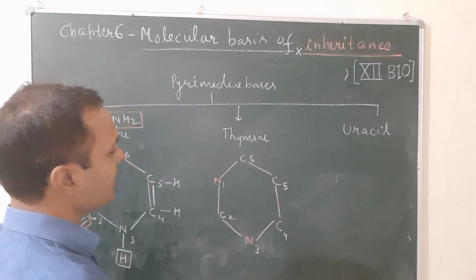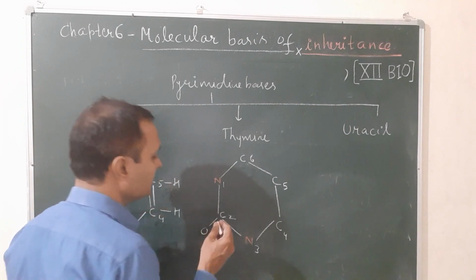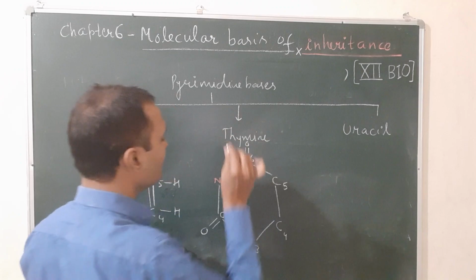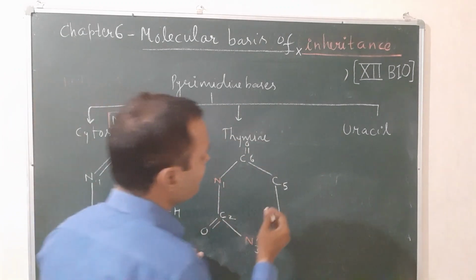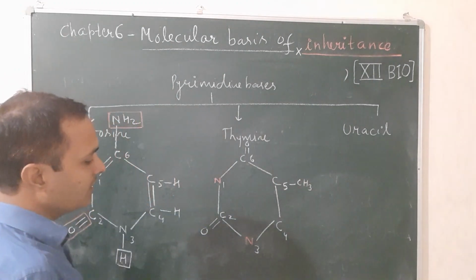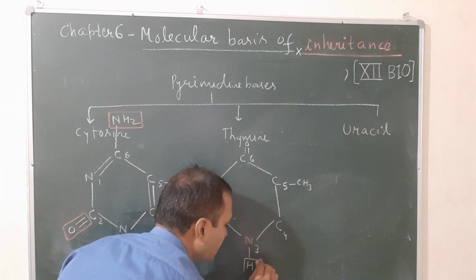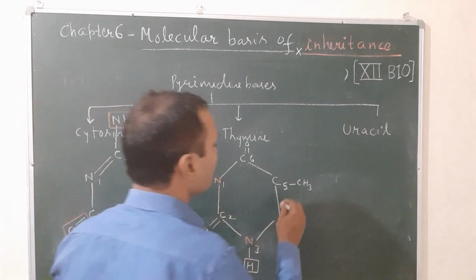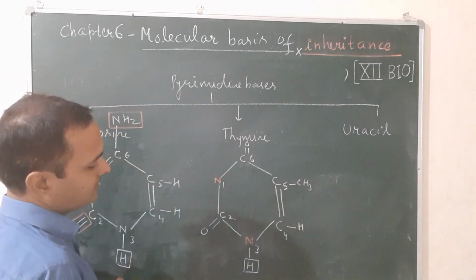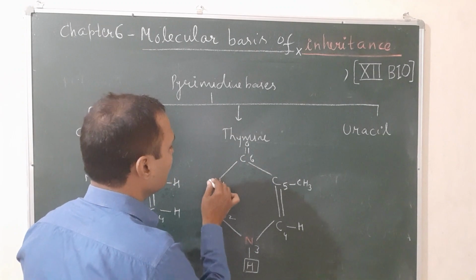In thymine, the C2 and C6 positions contain the oxy group, and the 5 position has 1 methyl group. You know there is 1 free hydrogen at position 3. Now you will balance it. There will be a single bond and a hydrogen.